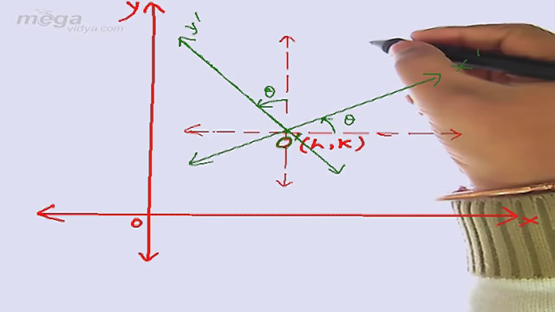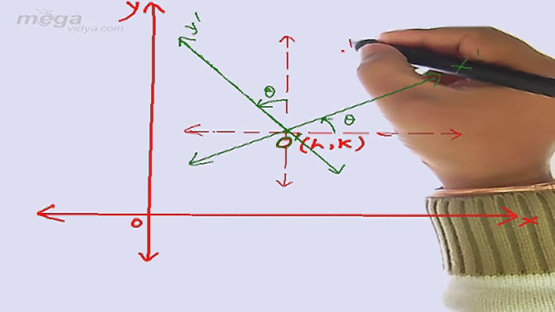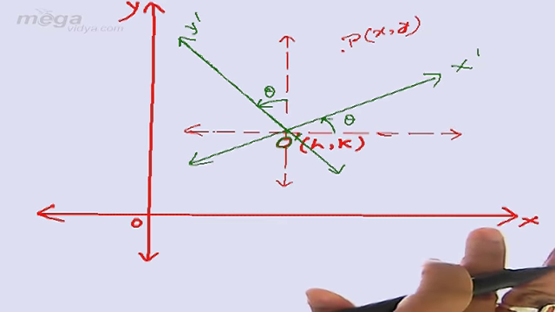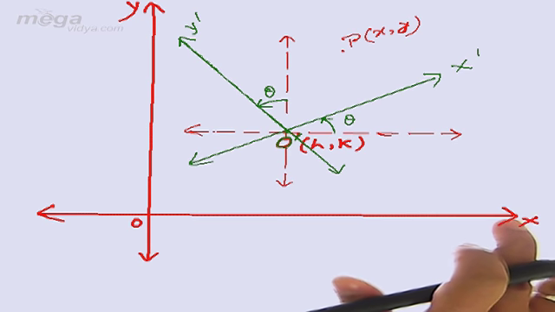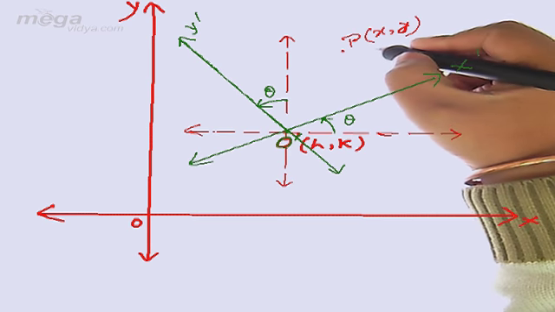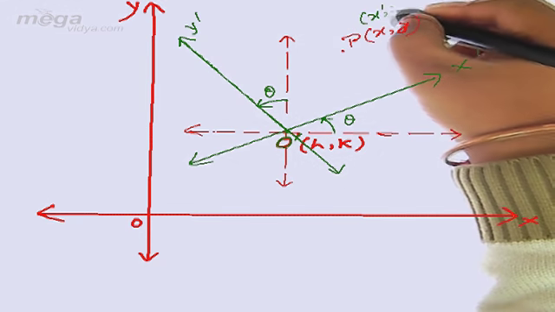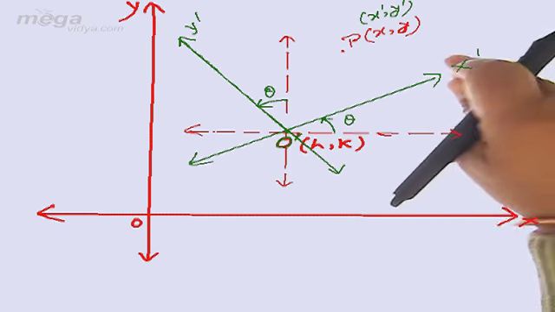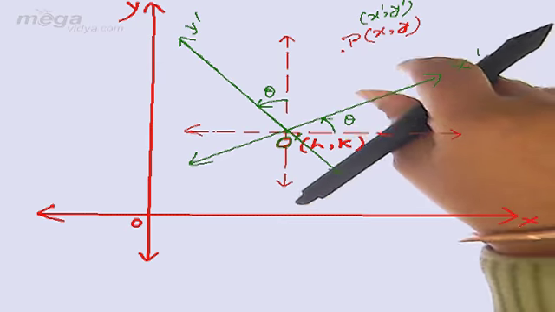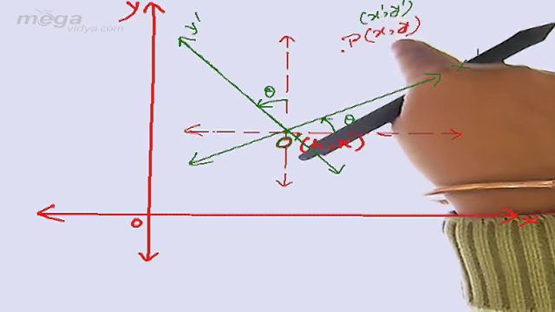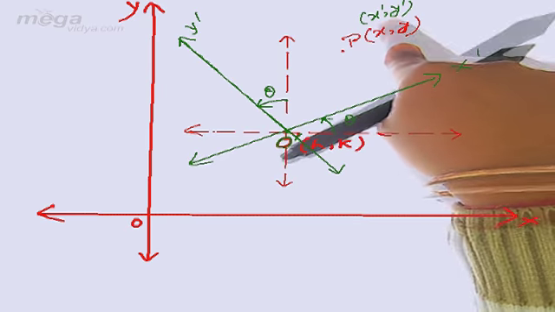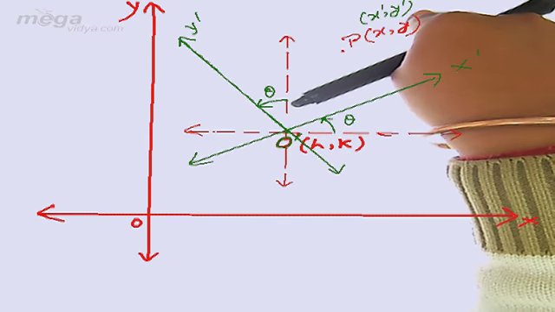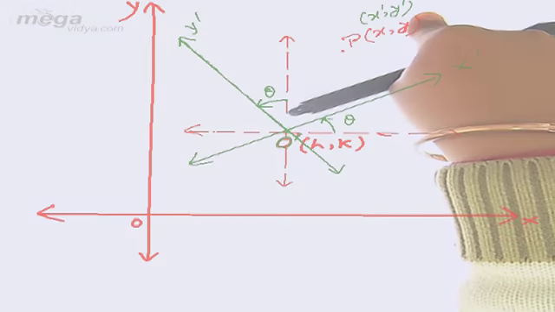If the coordinate of any point P is x, y with respect to the original x-axis and y-axis, and the coordinate of the same point is x dash, y dash with respect to this new axis, then what will be the relation between these two coordinates? How are x, y, h, k and x dash, y dash related?